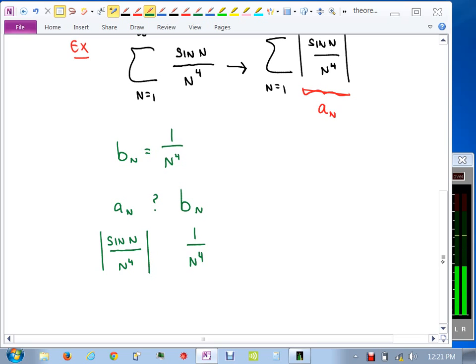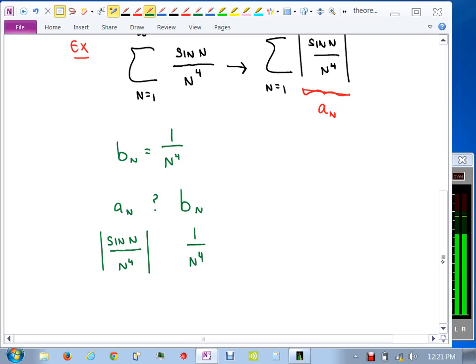Which of those is bigger? What is the biggest that sine can be? 1. Well, it's between negative 1 and 1, right? But then the absolute value cuts it off even more to become between 0 and 1. So the smallest the top can be is 0, the biggest it can be is 1. So let's just say it's 1/2.